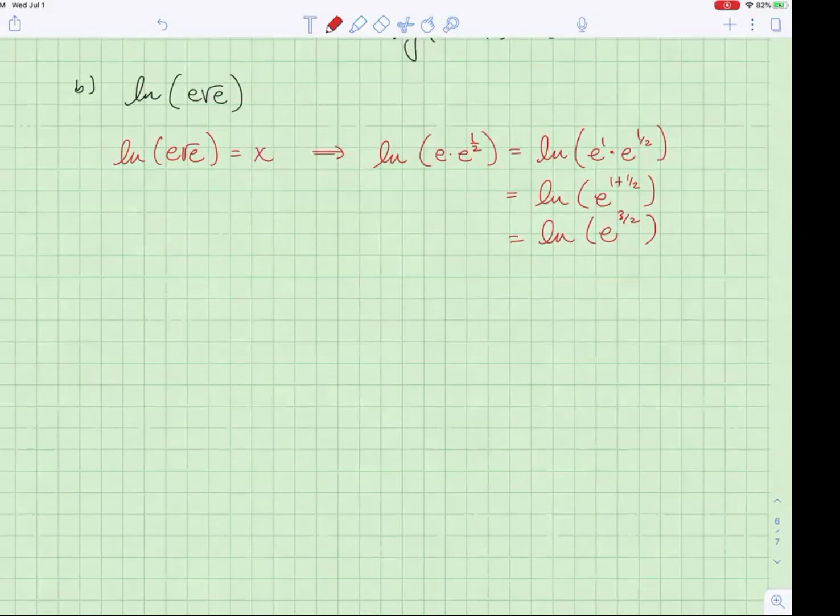And then, of course, rewriting this as base e, this is really log base e of e to the 3/2 power. And that is what we're trying to rewrite and solve.